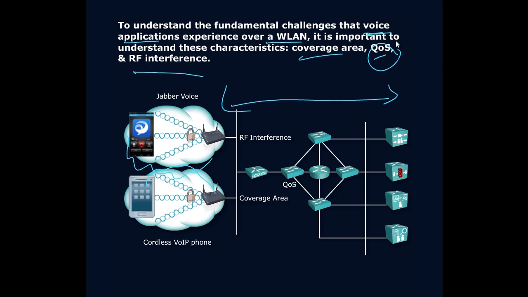Again, latency, jitter, and loss: three things that will kill our VoIP applications. One thing also to be aware of is RF interference. A microwave is one of my favorite examples because I've seen this in the real world several times.